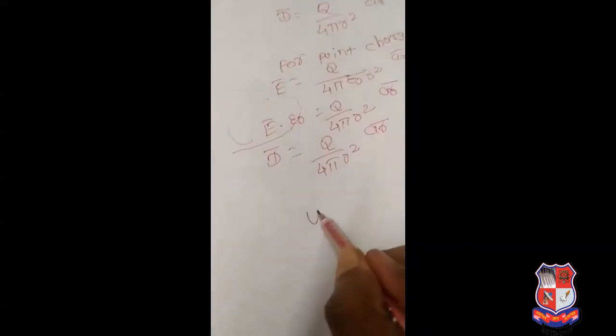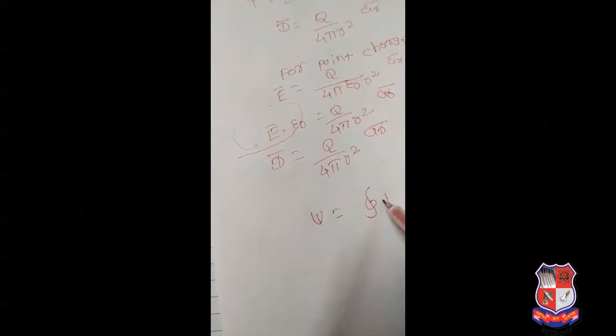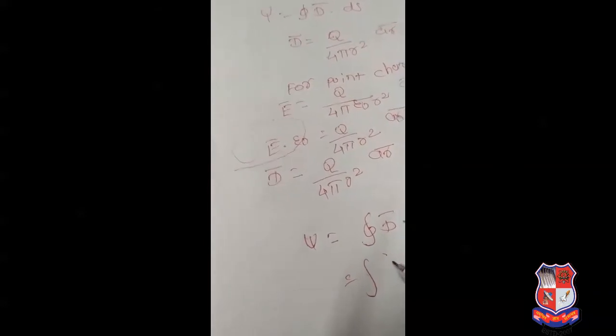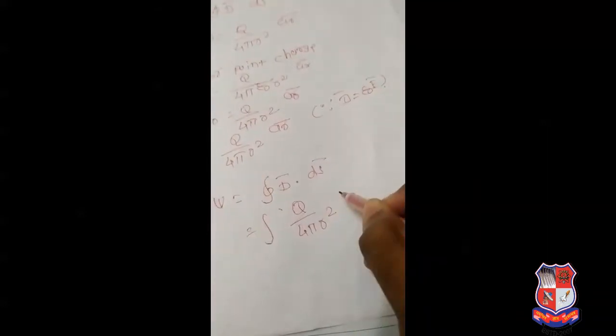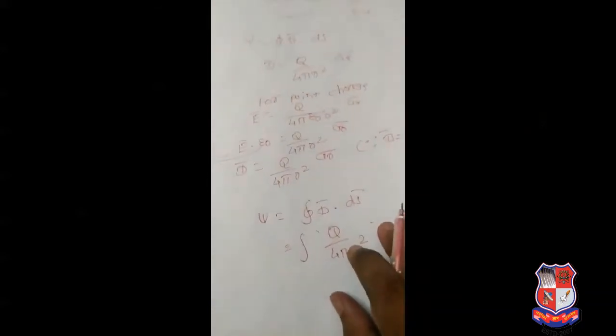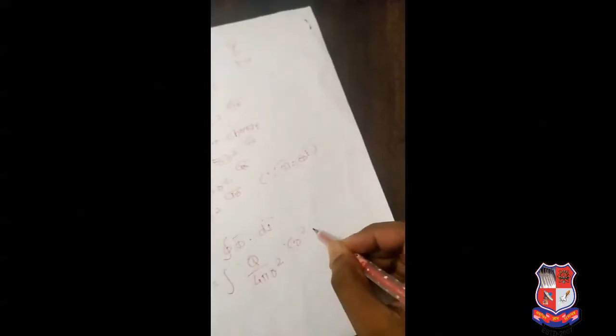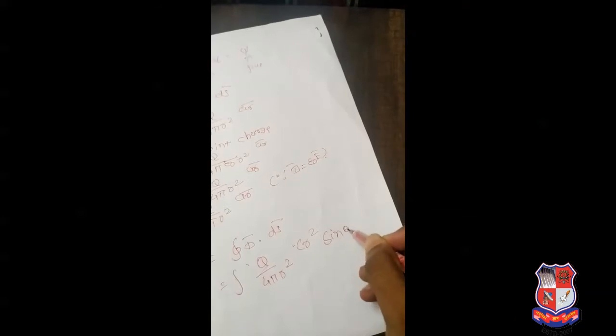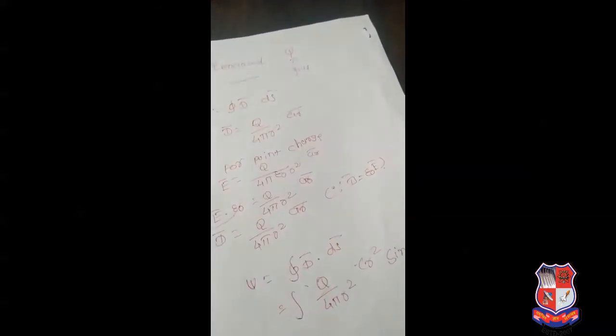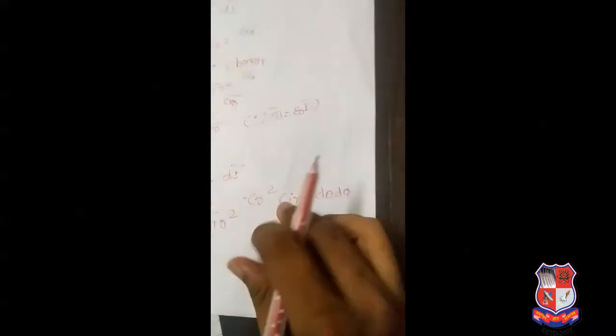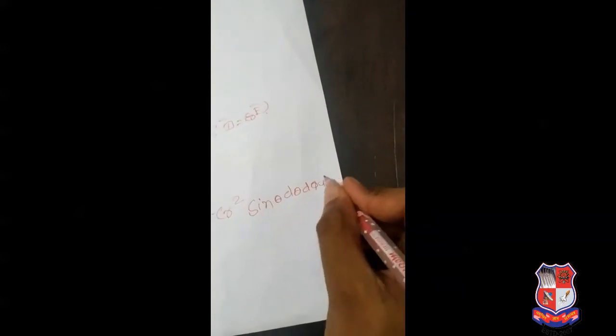Now psi is equal to the surface integration of D bar dot ds bar. Now the D bar value is given: D bar is equal to Q upon 4 pi r square, and ds bar is equal to r square sin theta d theta d phi into ar direction.